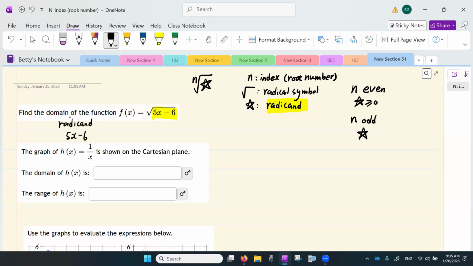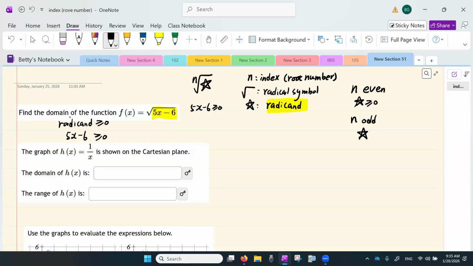It's not just x, okay? It's the entire thing under the radical. The radicand of a square root has to be non-negative, in other words, bigger than or equal to 0, okay? So to find the domain of the function, we need to solve this inequality: 5x minus 6 bigger than or equal to 0. And the solution set of that inequality is the domain of the function.